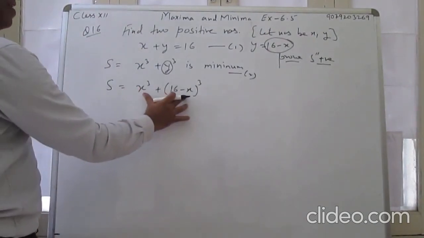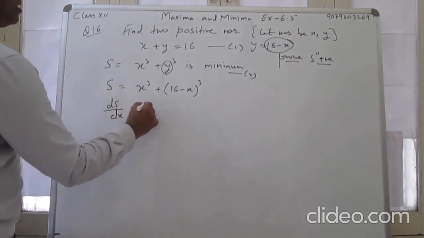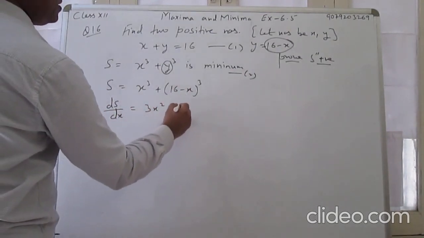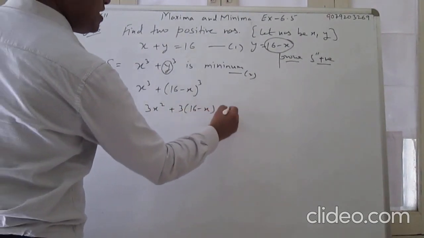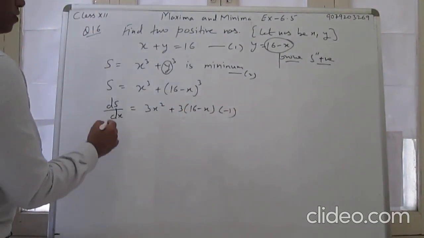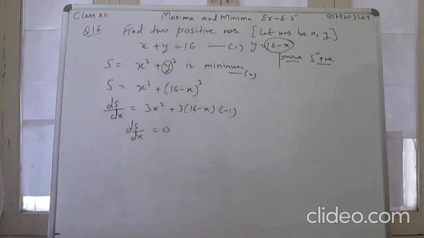Now it is in one variable, so we find dS by dx: 3x square plus 3 times 16 minus x square, and the derivative of 16 minus x is minus 1. We make dS by dx equal to 0 to find the critical points.